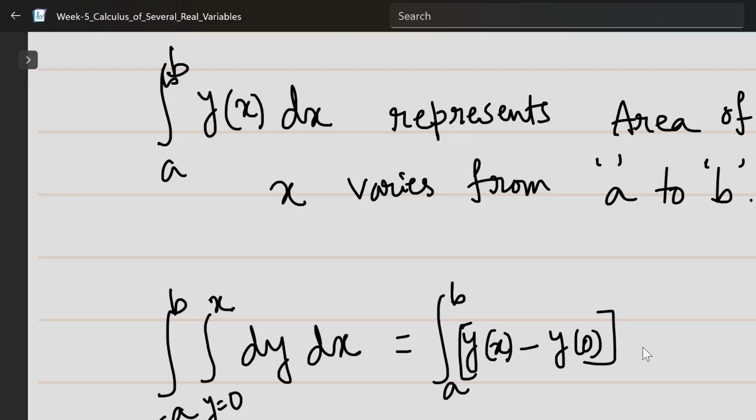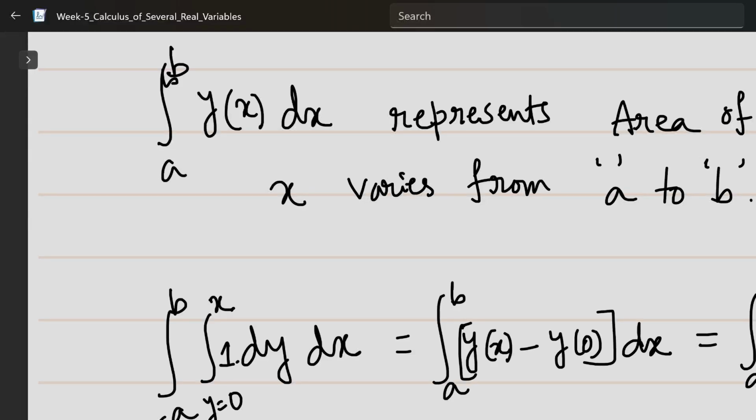If you assume that y of 0 is 0, then it is y of x dx. So the integral of a single variable can be written as an integral of multiple variables where your f of x, y is a constant function. So it means an area.